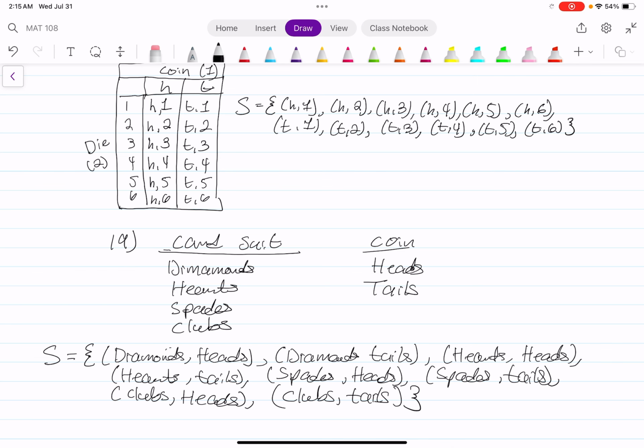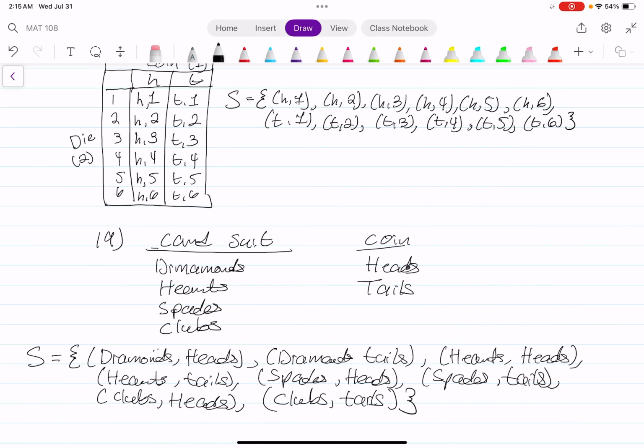And there you go. Sorry for the handwriting, but hopefully you understand the idea.